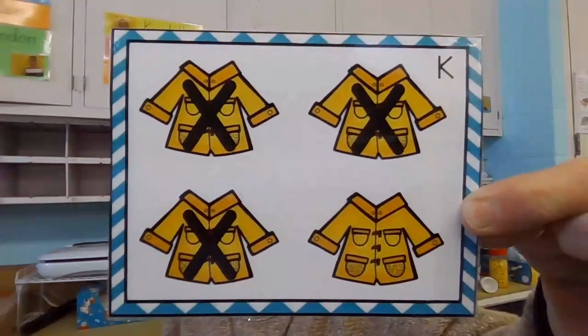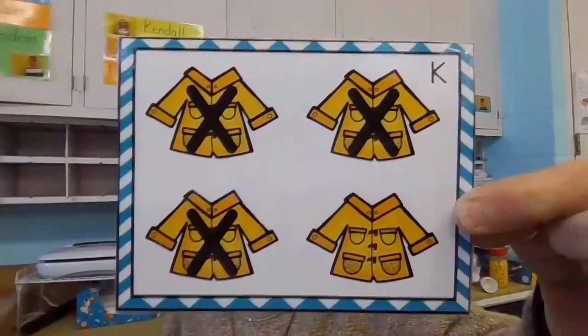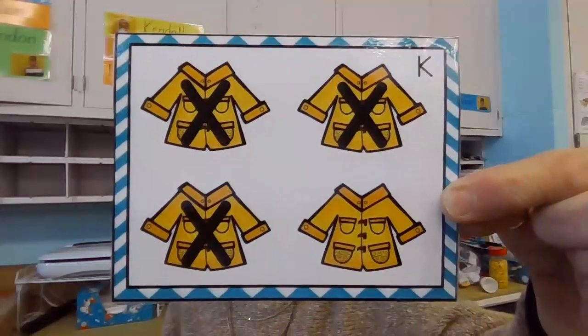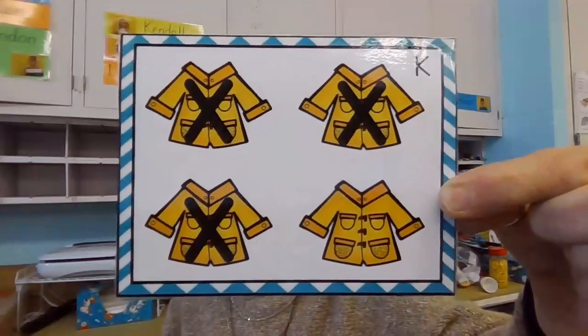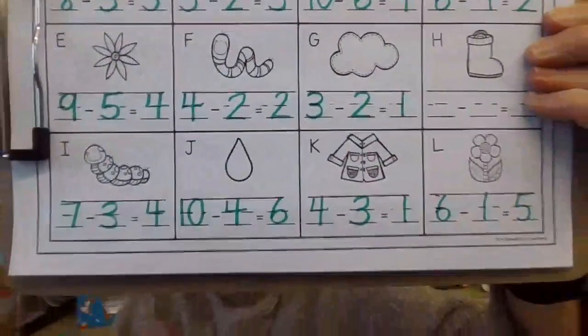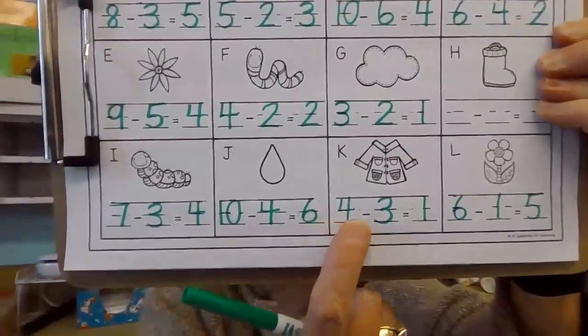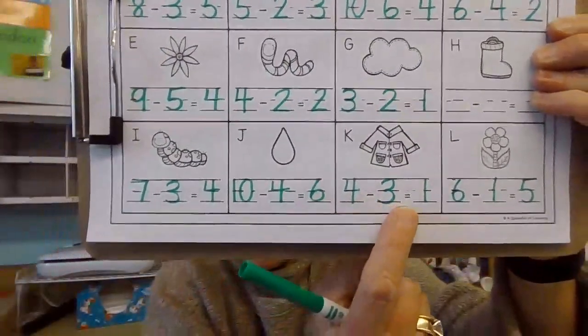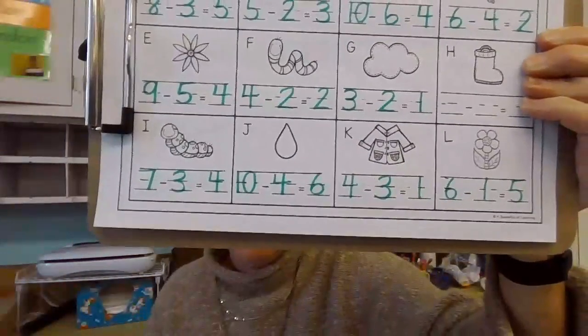Then count how many raincoats are left that don't have X's on them, and write that number. All right, we're ready to look at the paper. I have 4 take away 3 equals 1. Are you getting all stars on this? I can't wait to see it.